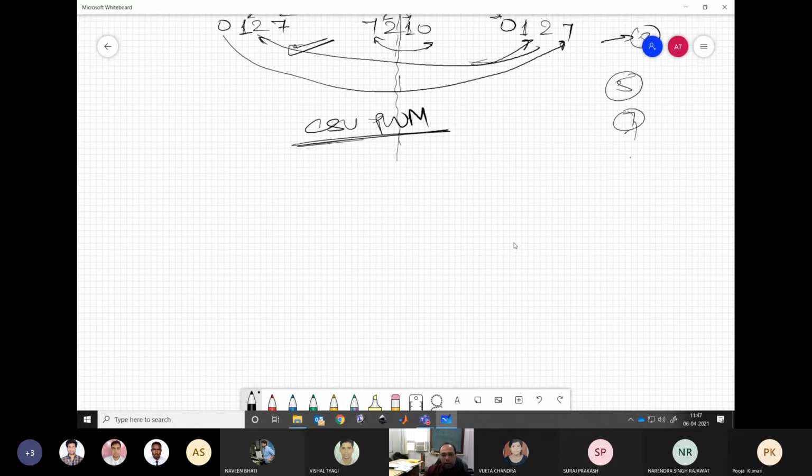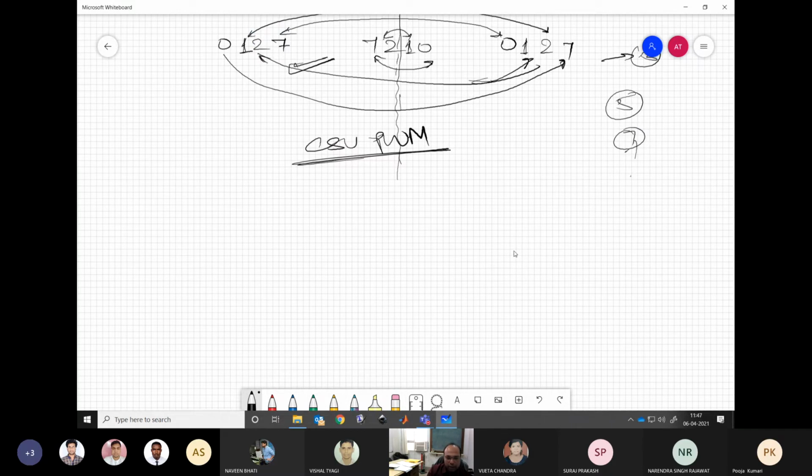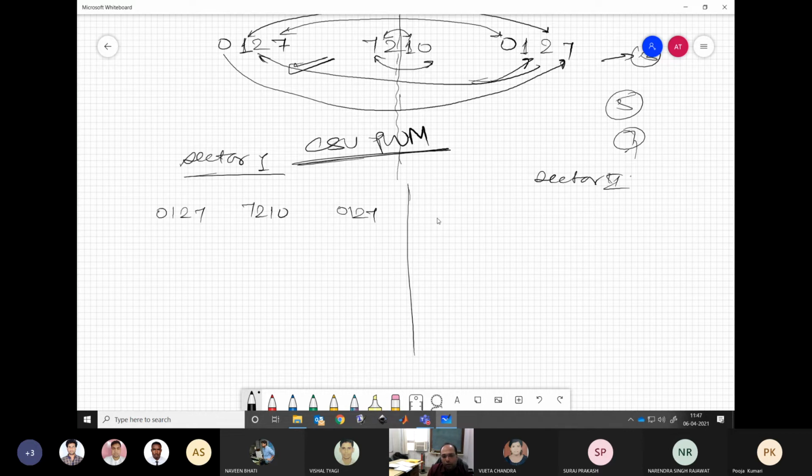Now, if we take across the sector what is happening. So we have 0, 1, 2, 7, 7, 2, 1, 0, 0, 1, 2, 7. This is for sector 1. Now for sector 2, what we do, we apply 7, 2, 3, 0, 0, 3, 2, 7, then 7, 2, 3, 0.